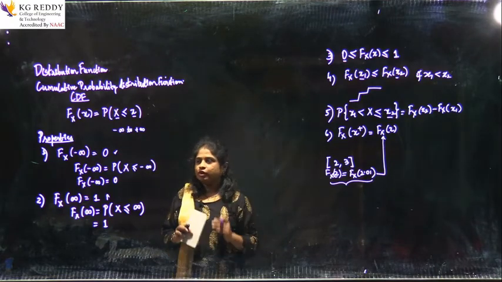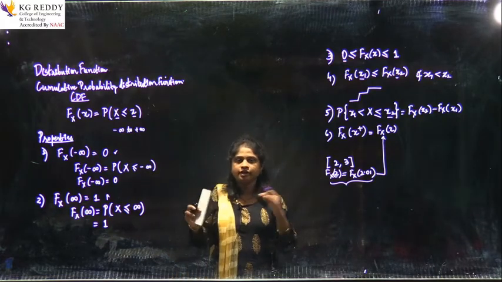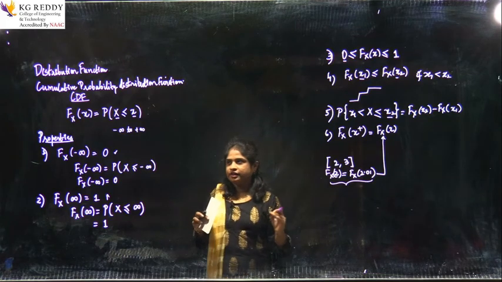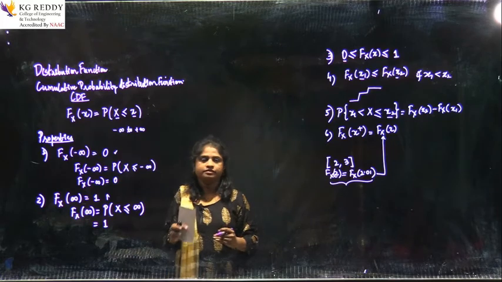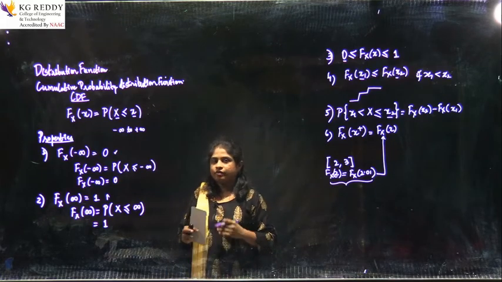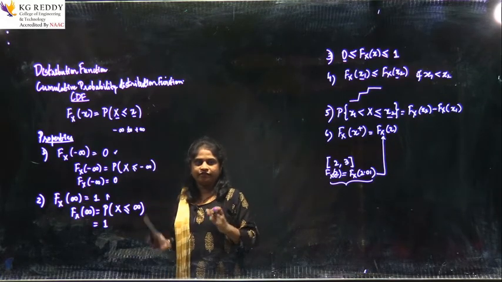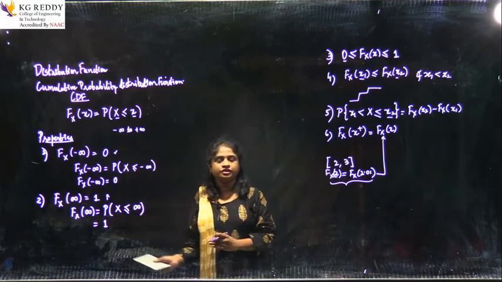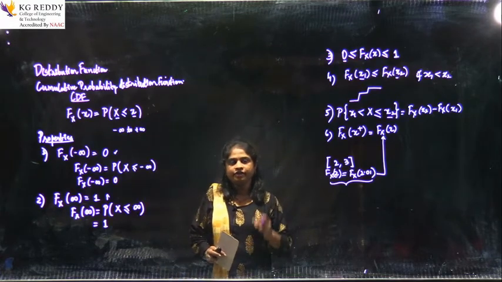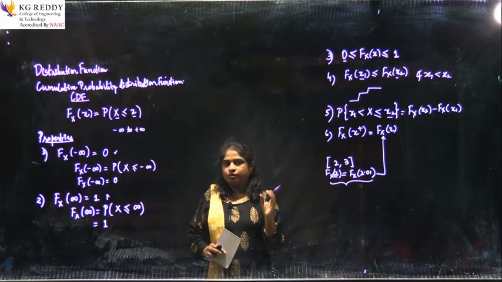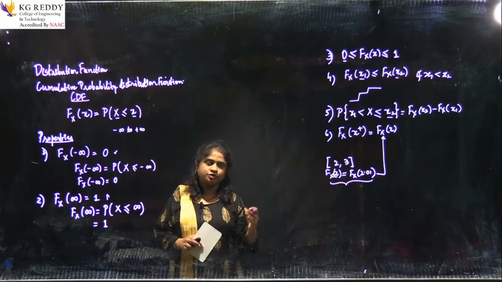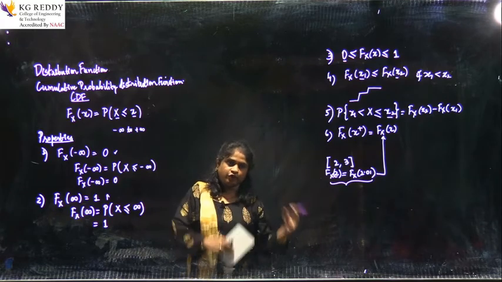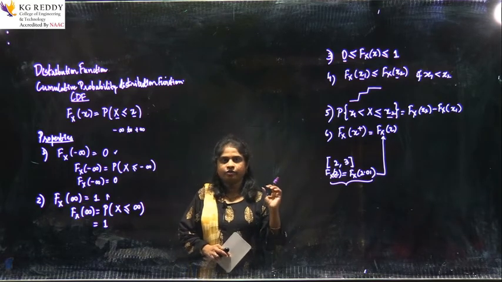Now, I want you to think of all the properties and how to prove each and every property. Think about why the distribution function value at minus infinity is 0, and why the distribution function at plus infinity is equal to 1.